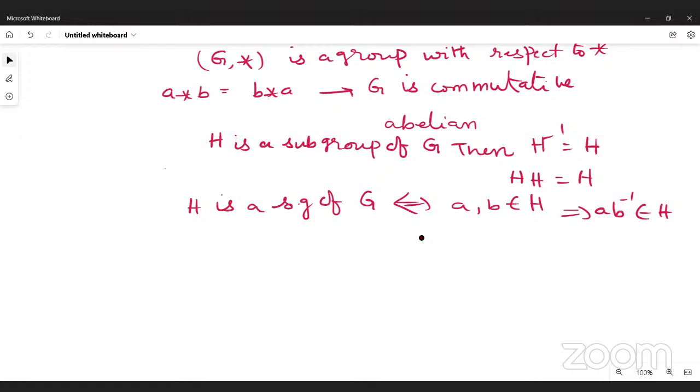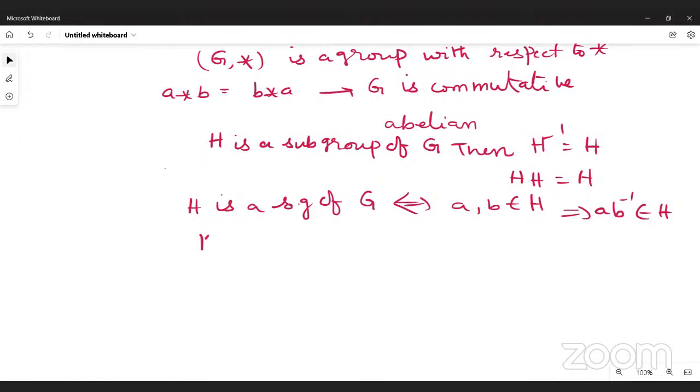And we know that the union of two subgroups need not be a subgroup of G, whereas the intersection of any two subgroups is again a group.